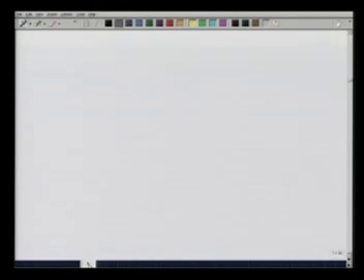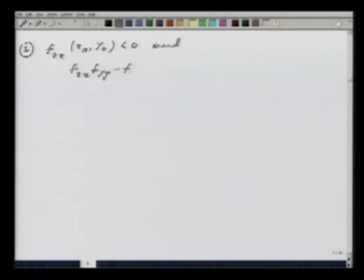Then the next case, assume now that fxx at (x₀, y₀) is less than 0 and fxx fyy minus fxy² at (x₀, y₀) is strictly bigger than 0.